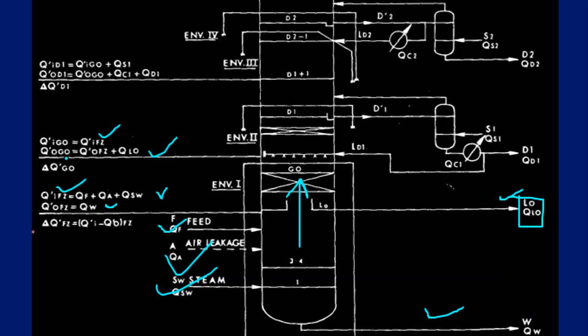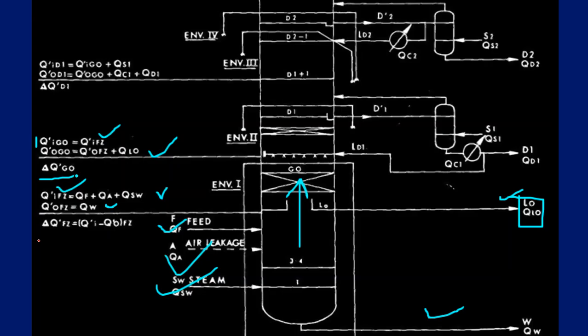GO is for the first product from the vacuum distillation column, slop oil, you can say, condensed oil. The difference between these two values gives the delta Q dash GO. In this way we can find the amount of energy up to L0, that is the condensed oil.